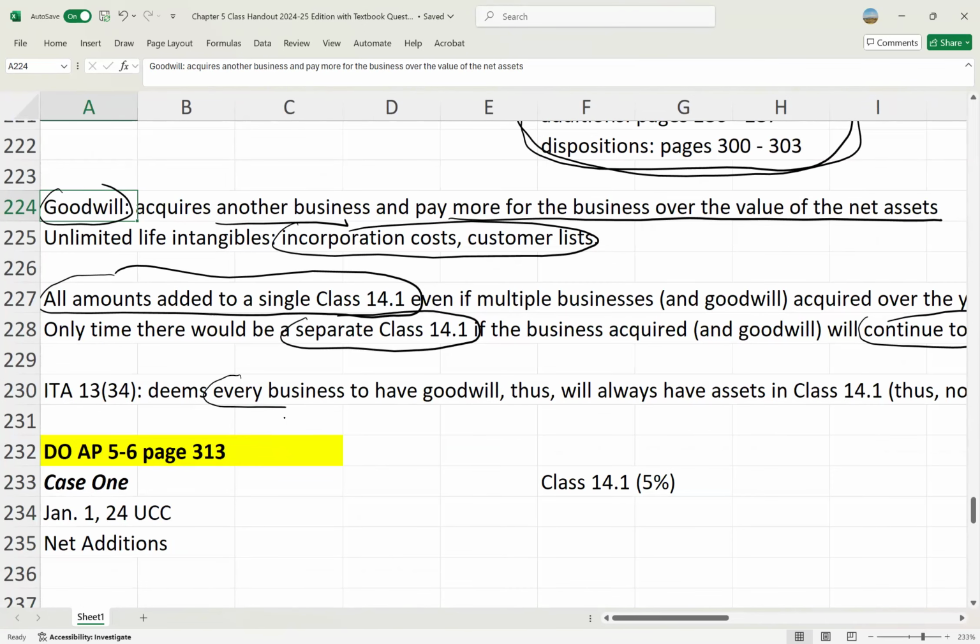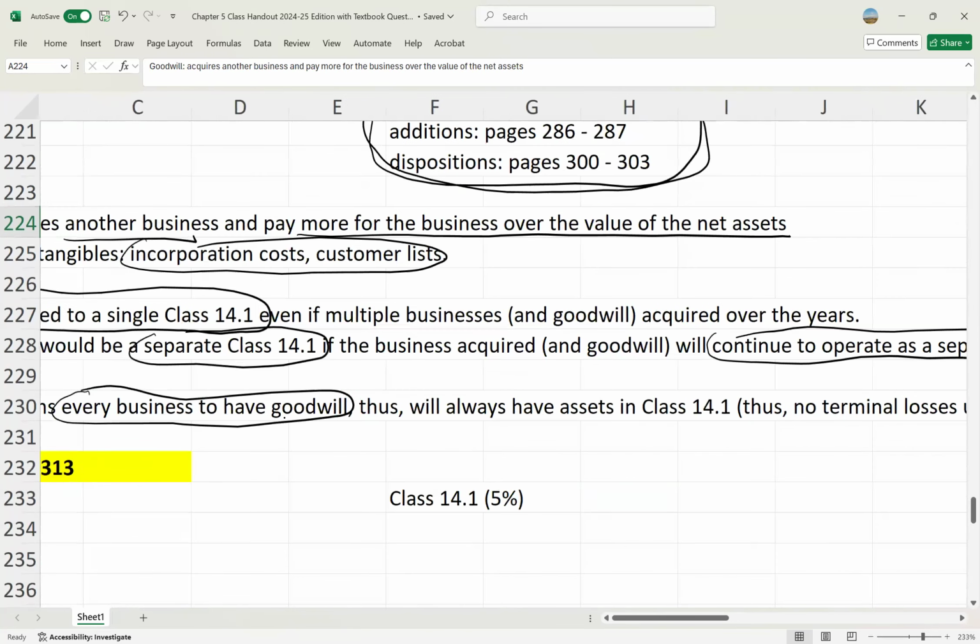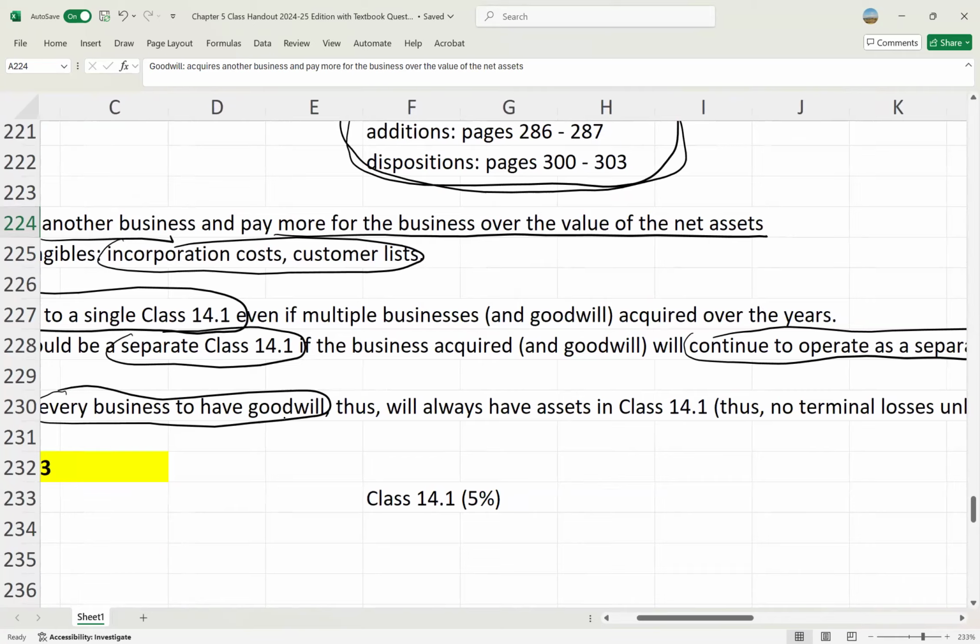every business is deemed to have goodwill. What that means is that every business is deemed to have some goodwill, even if it's not on their financial statements. Because every business is deemed to have goodwill at any point in time, there will always be assets in class 14.1.